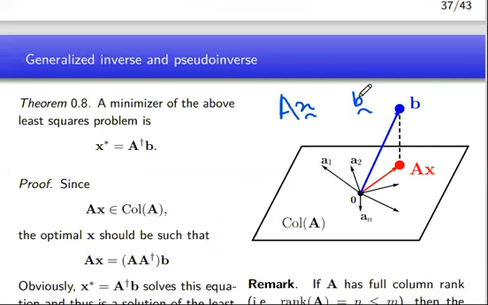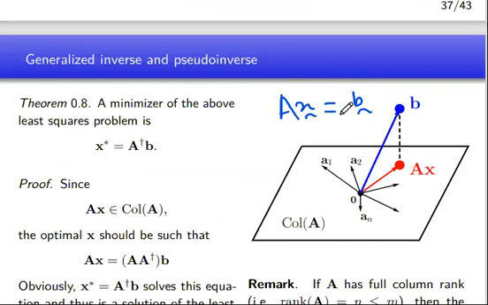If B is included in this set, in this plane, then we call this system consistent. Got it?